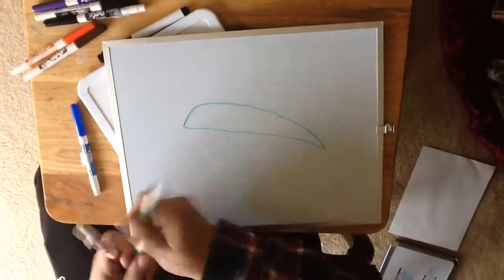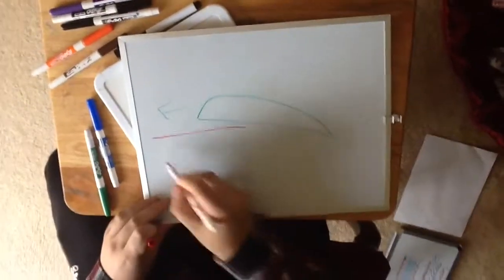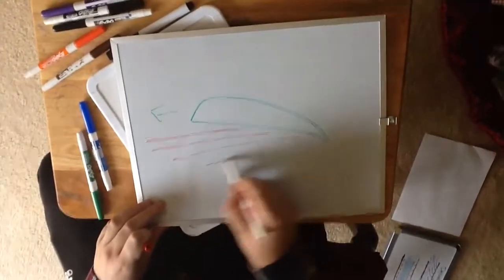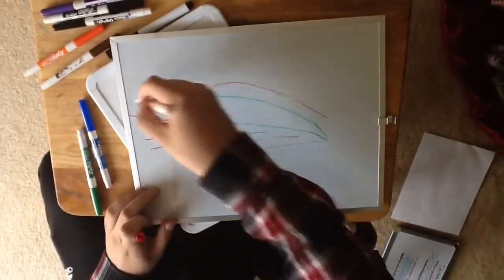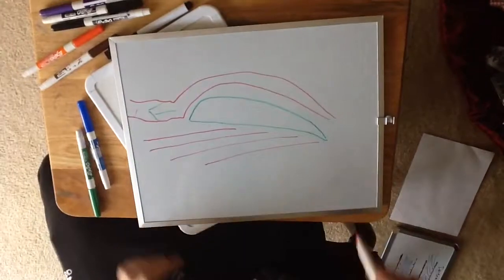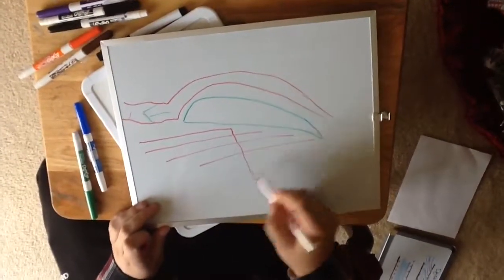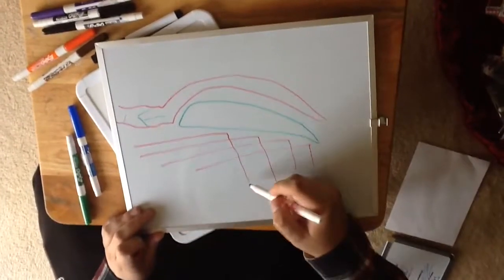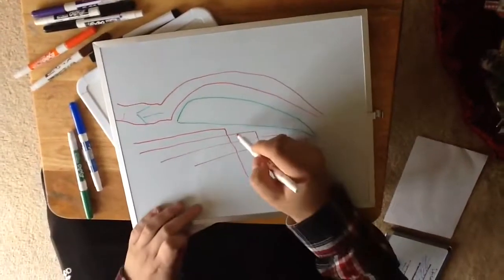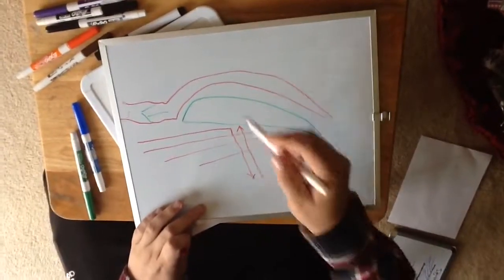If the plane is going this direction, the air will be moving like this, much like a slipstream. When the air hits, it bounces off and goes this direction, and with Newton's third law, the opposite reaction would be this way.